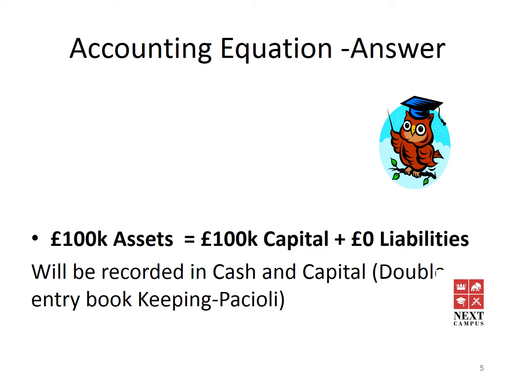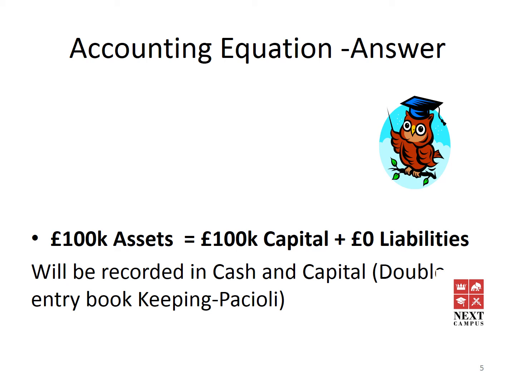In the earlier example that I gave you, owners invest £100,000 in the business. How does that have the dual impact in the double entry bookkeeping system on the accounting equation? By that, the cash will go up, assets will go up, and on the other side capital will go up.